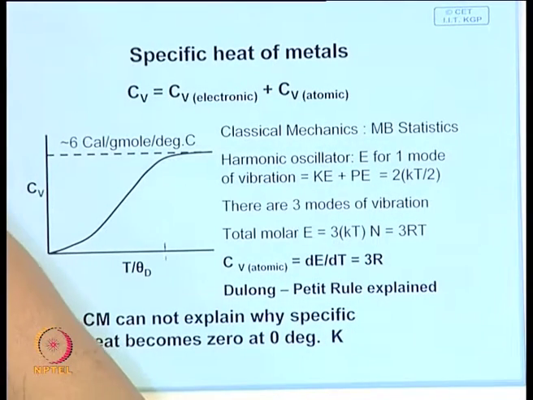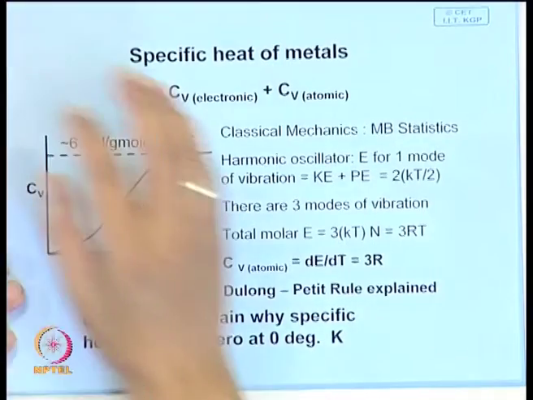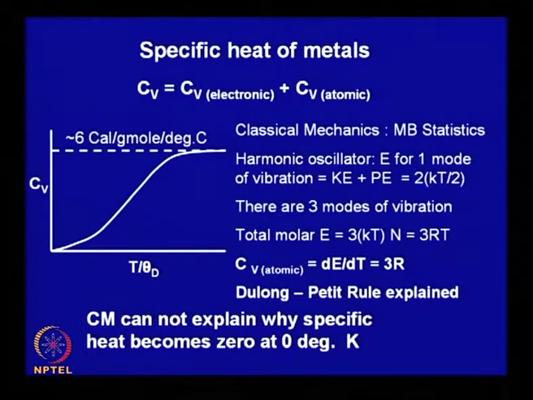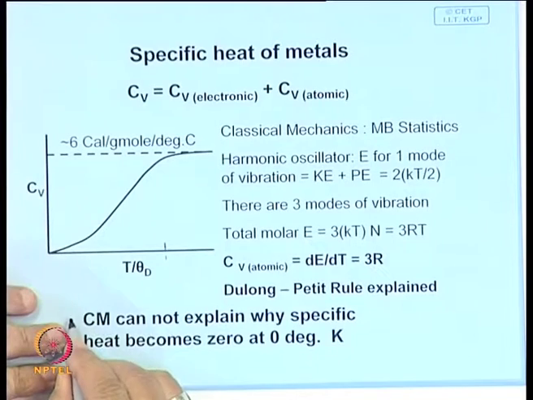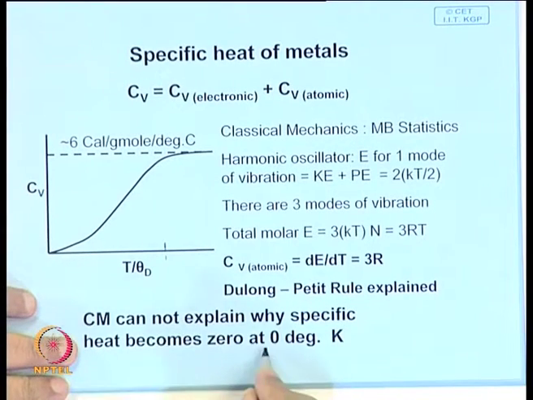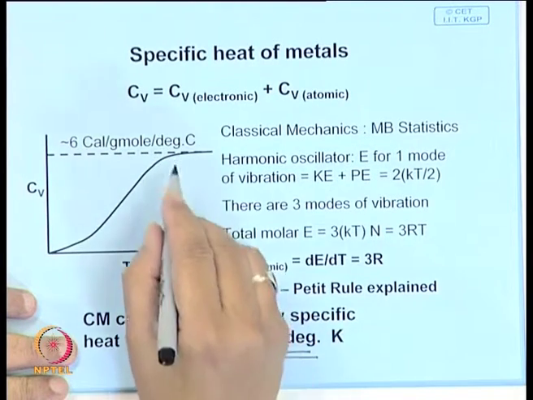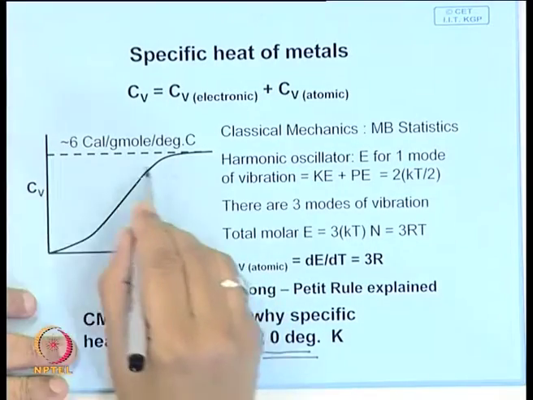Now, we also looked at specific heat of metal, where we came to know that classical mechanics cannot explain why specific heat becomes 0 at 0 degree Kelvin. But classical mechanics can explain the Dulong-Petit law.